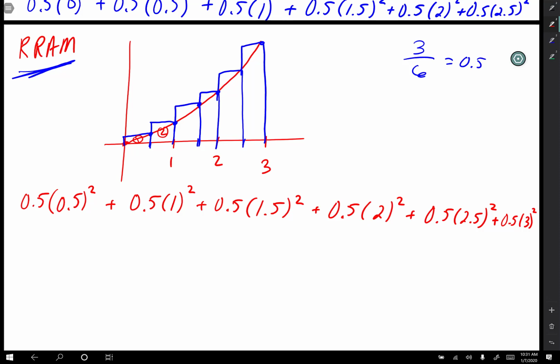So for RRAM, you don't put the first one, and for LRAM, you don't put the last one? Yes, in this case, but it's going to change. It also has to do with whether it's strictly increasing or strictly decreasing. If it's strictly increasing, RRAM would be an over approximation.